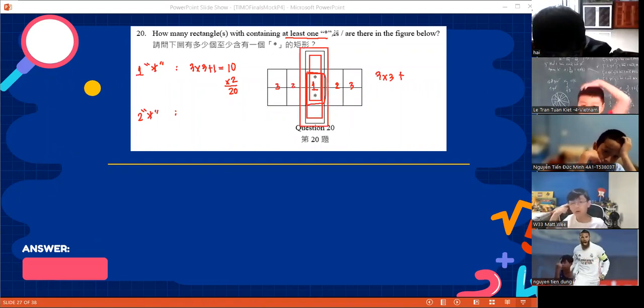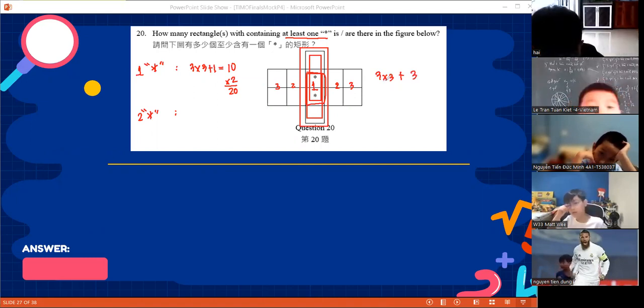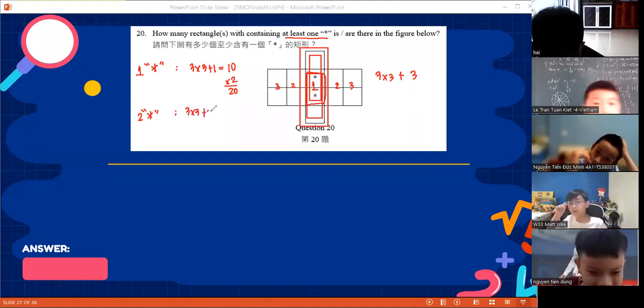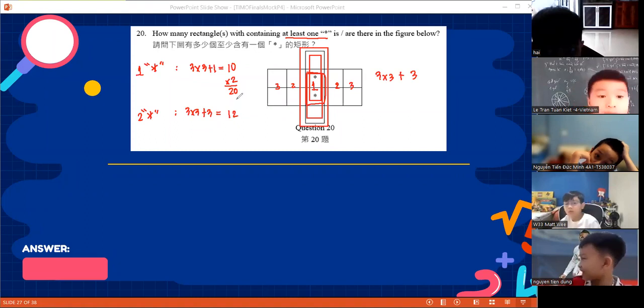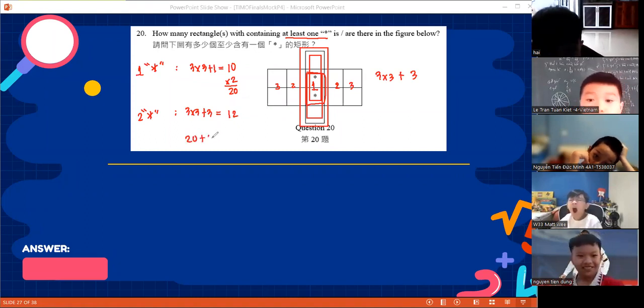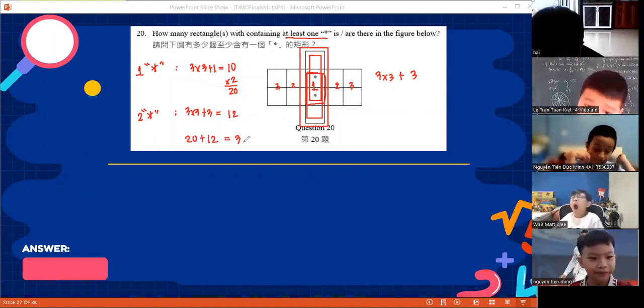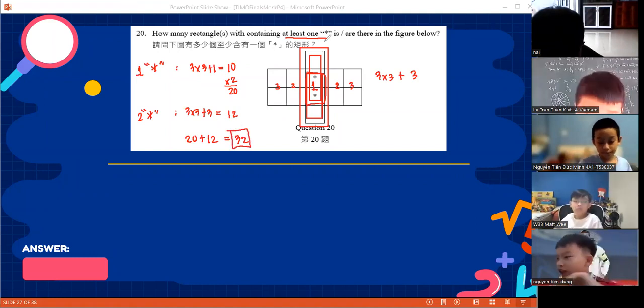So this is gonna be plus 3, right? So this is 9 plus 3, which is 12. So finally, you just add 20 plus 12, then you get 32 as your final answer.